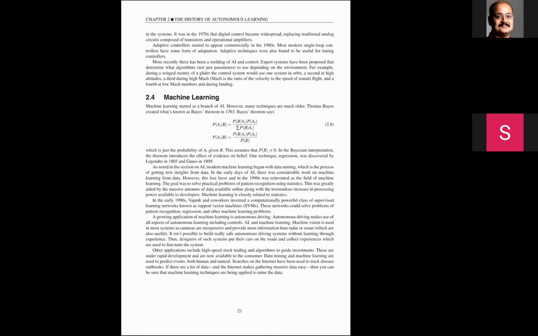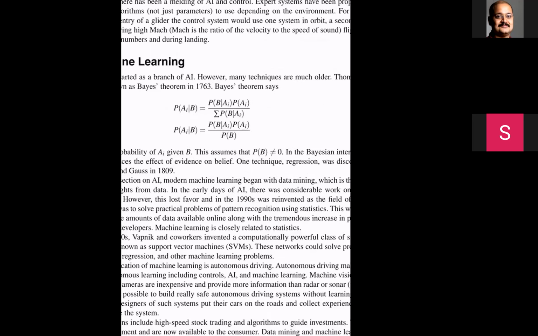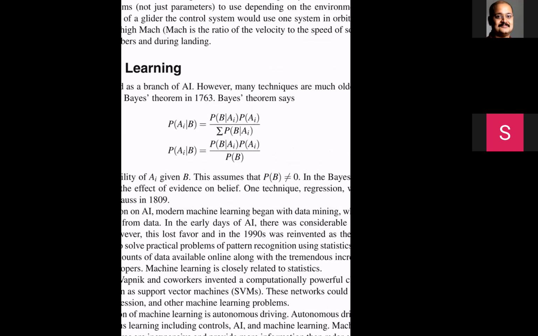And that equation, if you don't know how to read it, can be read something like this: probability, in the parentheses, A_i vertical bar B, which means what is the probability of A_i given B?